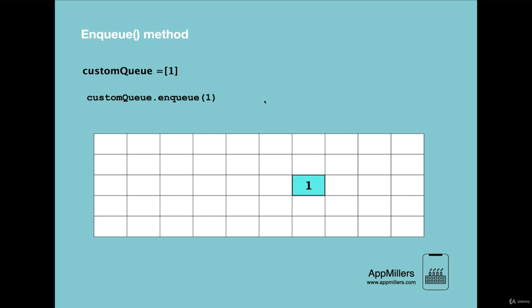Every time we insert an element to the queue, it will be located at the end of this queue. So as you see, it's coming here. If we insert a third element, it will be located after 2. So if we enqueue 3, it will be located like this, and it will continue like this until the last element that we want to insert.